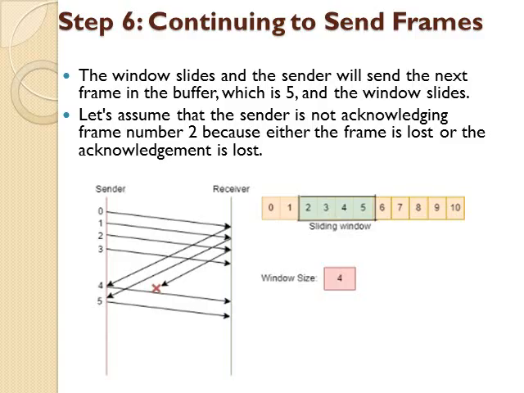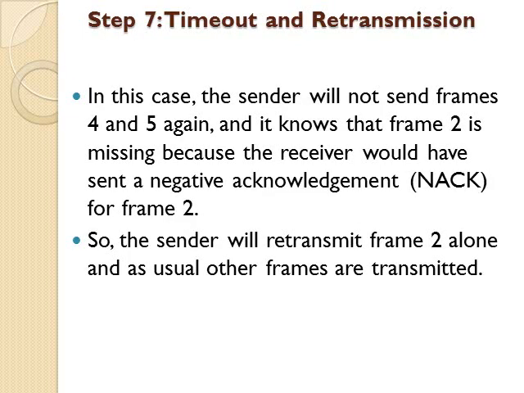Now, we have to receive the acknowledgement for the second frame, but here the acknowledgement for the second frame is being lost. In this case, we will not receive the acknowledgement for the second frame. Hence, we have to retransmit the frame. Here, the receiver will send the negative acknowledgement for frame 2. So, the sender will retransmit frame 2 alone.